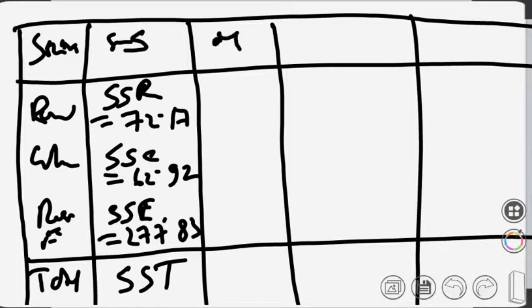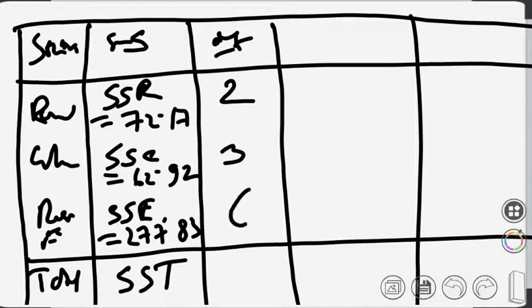Then degrees of freedom. How many rows are there? There are 3 rows, so R minus 1 is 2. C minus 1: there are 4 columns, so it is 3.